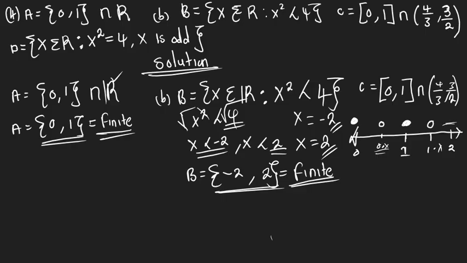So notice the intersection of this set. For the first one, it's going all the way to 1. No need of even doing this. You even know it's going to be a finite set. Wait a minute. We need to check first. The second one, it's coming from this point to this point.